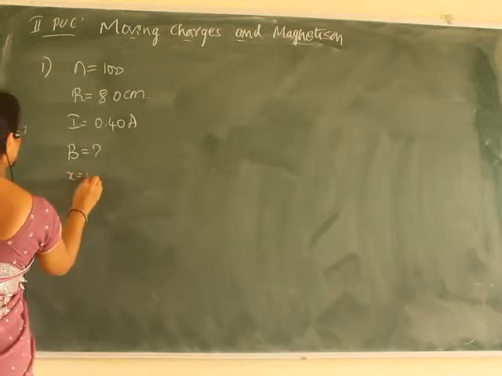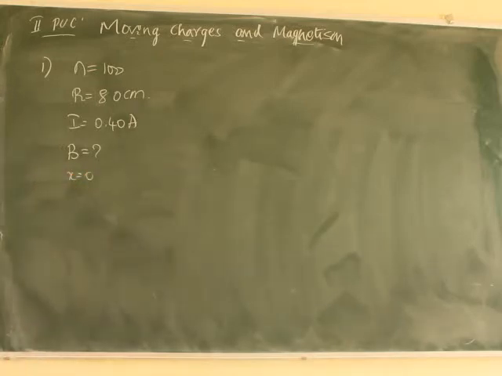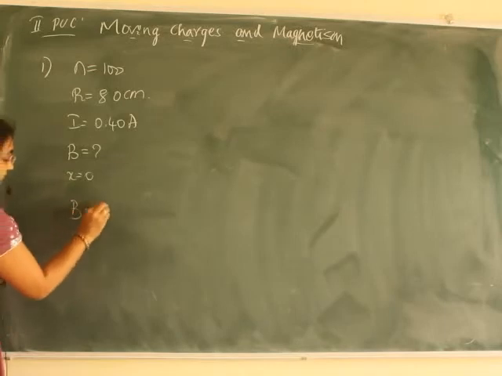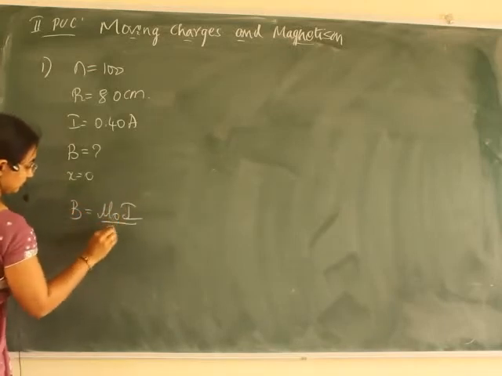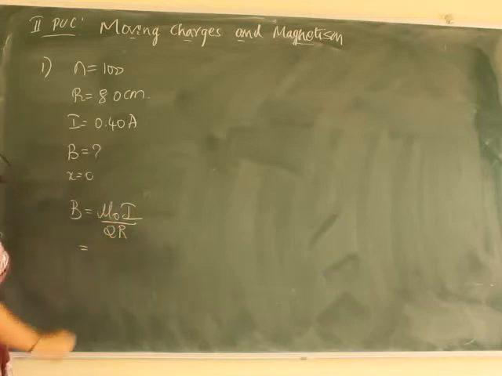So x is equal to 0. Therefore, what is the expression? Just now we got one expression. What is that expression? Can you help me? B is equal to mu naught I by 2R. So if we substitute, what is the answer?